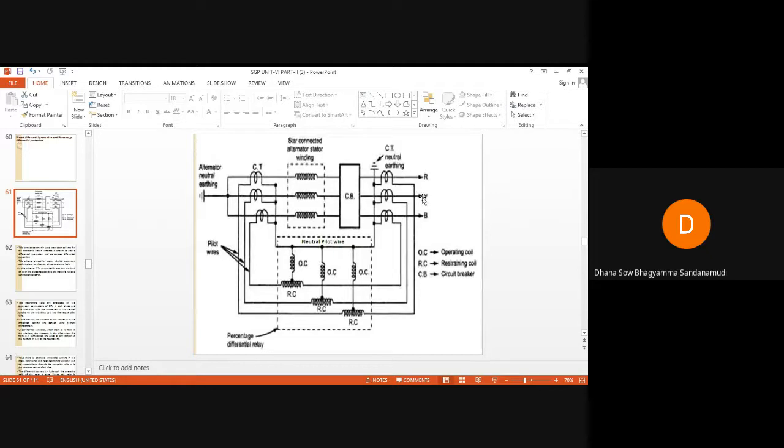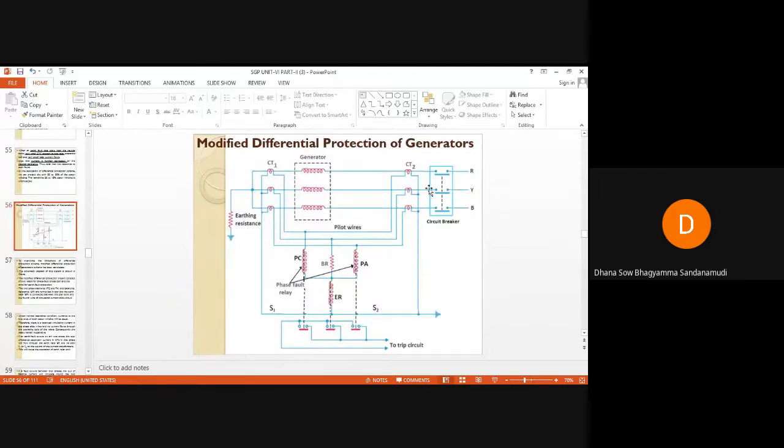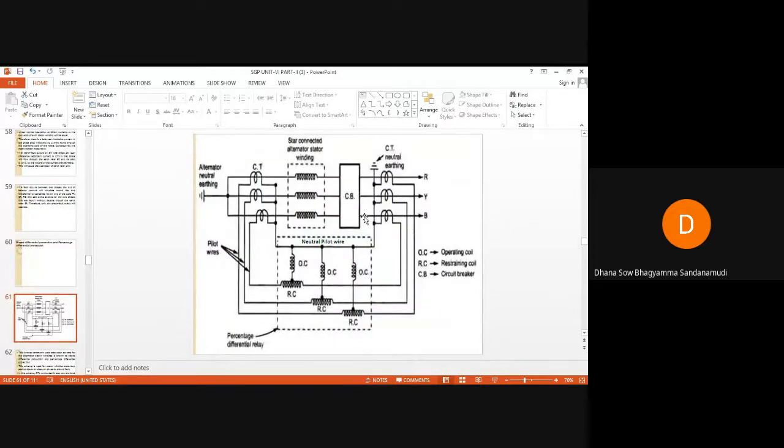You can connect the CTs and circuit breaker in this format, with the circuit breaker away from the winding and the CTs nearer to the windings, or you can connect them the other way. Both are the same. It is not going to affect the operation or protection of these windings.